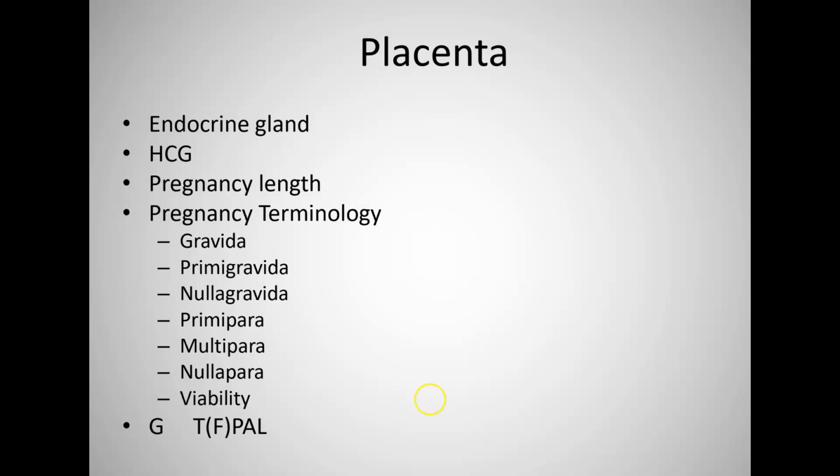So know about 10 lunar months, which is 9 calendar months and 280 days from the first day of the last menstrual period, and that is equal to 40 weeks. That is a normal pregnancy length.